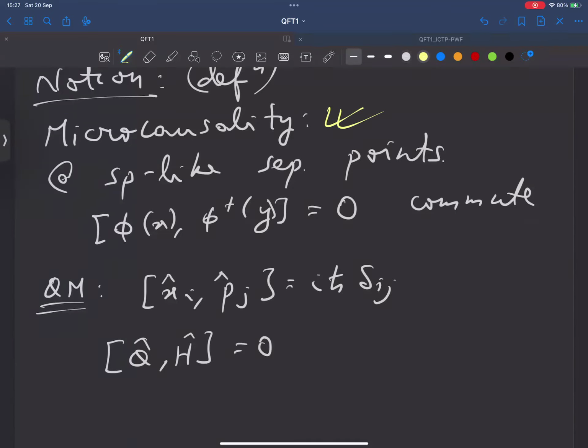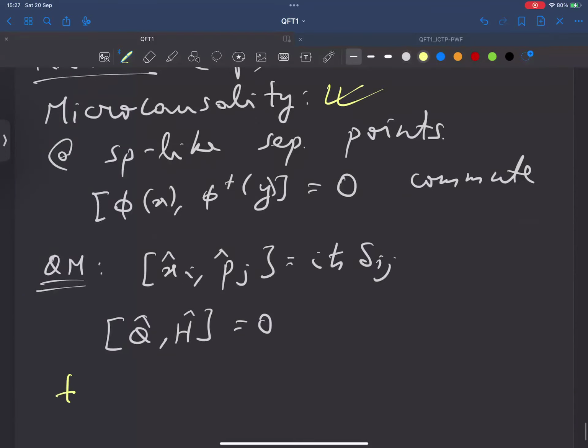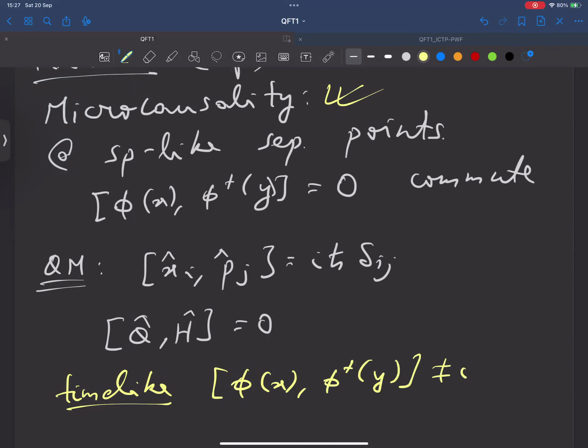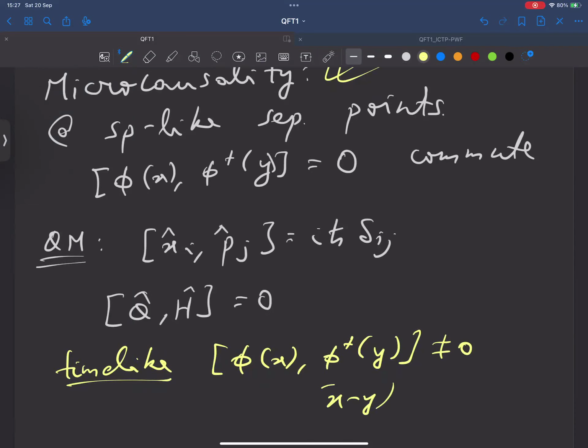But for time-like separated points, as we saw, this commutator was not zero. That is analogous to saying when you were measuring momentum, you also affected position or vice versa. So you cannot independently measure these things. They influence each other.